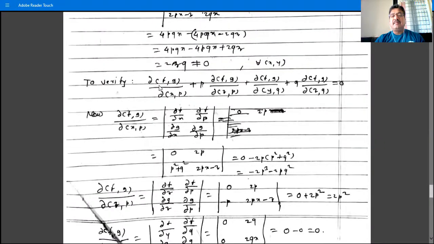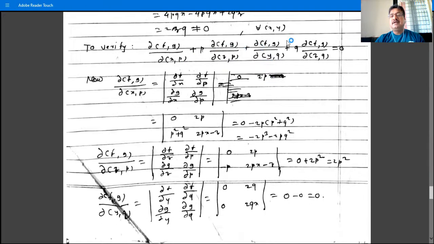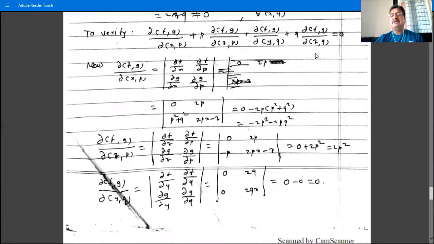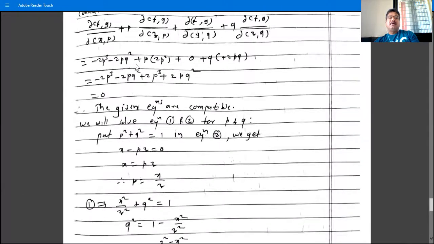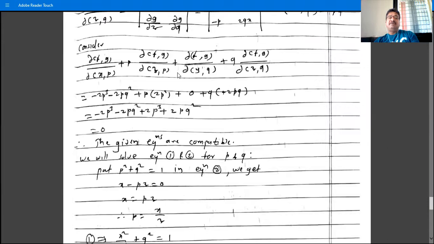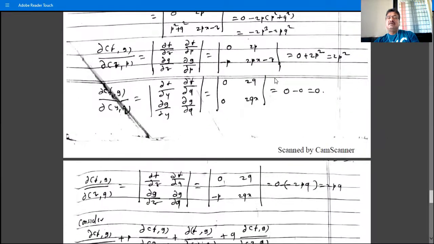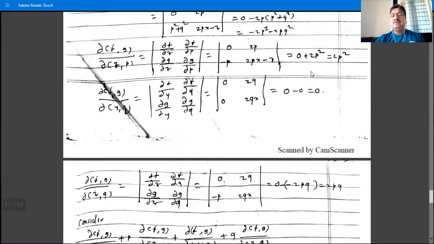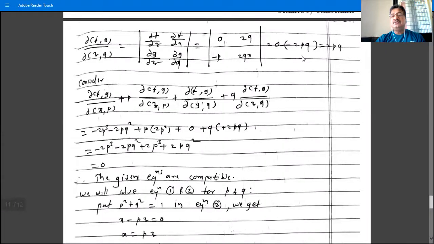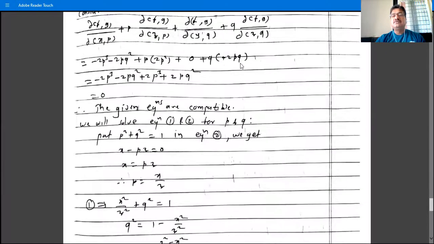Then consider the LHS of this equation: ∂(f,g)/∂(x,p) + p ∂(f,g)/∂(z,p) + ∂(f,g)/∂(y,q) + q ∂(f,g)/∂(z,q). Substitute the values: ∂(f,g)/∂(x,p) is −2p³ − 2pq², plus p into ∂(f,g)/∂(z,p), which is 2p², plus ∂(f,g)/∂(y,q) is 0, and plus q into 2pq plus 2pq.